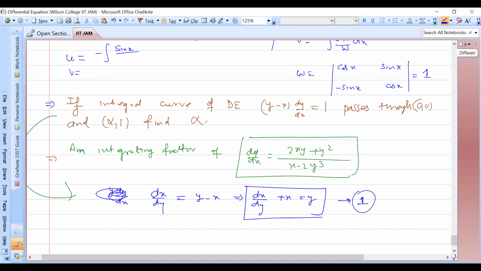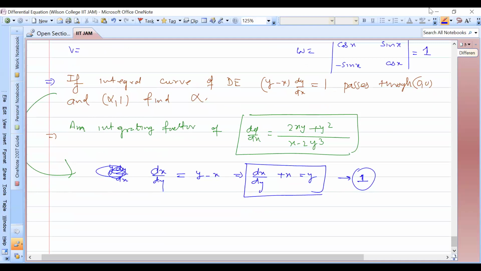Or any other method? See, always remember, whenever the degree of x and y throughout is 1, then try to solve it by the linear method only. In the linear method, we have two forms. If y is the dependent variable, we have dy by dx plus Py equals Q. And if x is the dependent variable, dx upon dy plus Px equals Q.